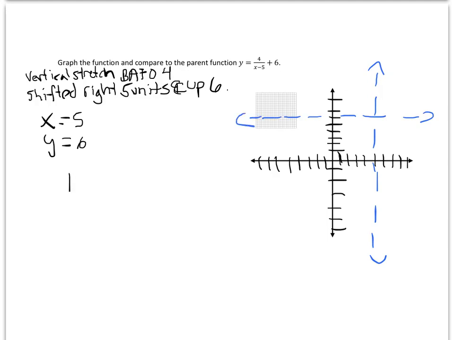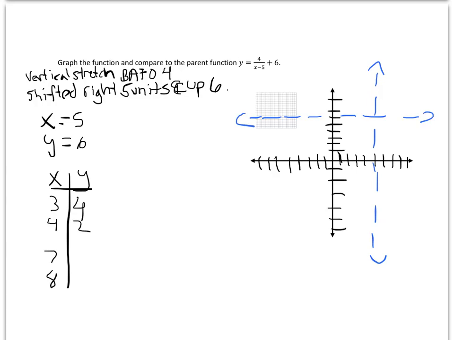Make the table. You pick two numbers to the left of h. So 3, 4, 7, 8. 3 minus 5 is -2. 4 divided by -2 is -2, plus 6 is 4. So 3, 4. Plug in 4, you get 2.